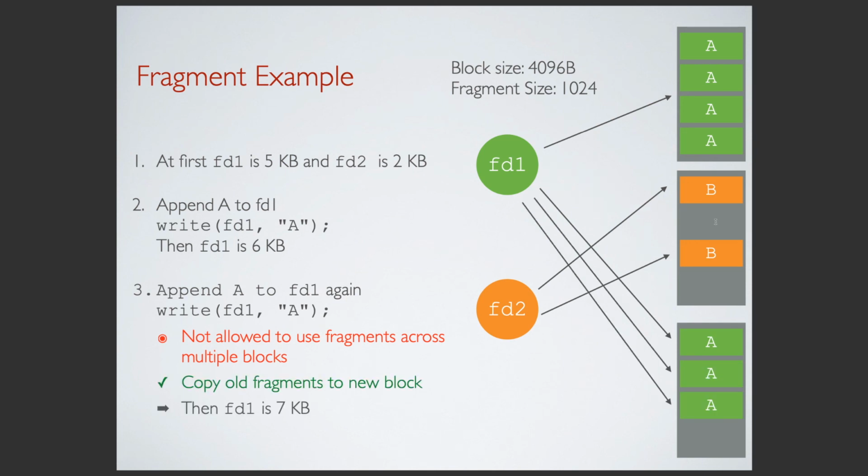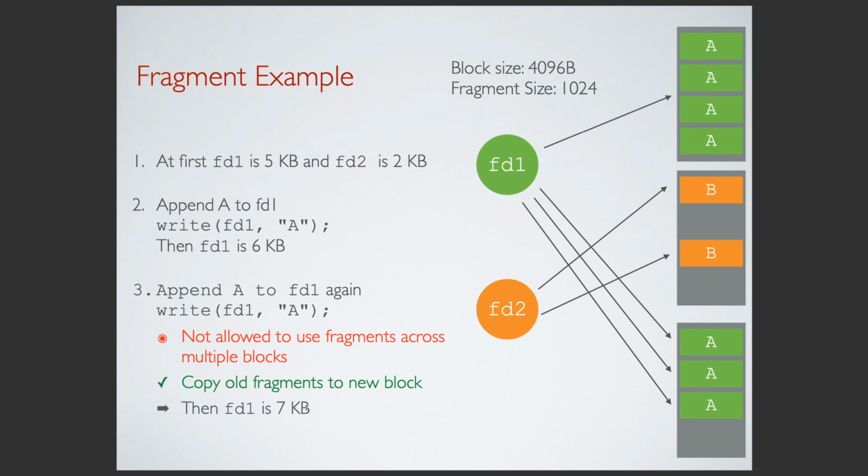Well, we copy the old fragments to the new block, and we allocate this entire block here, because here we have a critical size of 3, and it's going to say, okay, fine, now we are going to allocate this block, and now FD1 is going to be 7 kilobytes. So that's the idea here. You're going to use fragments, but at some point you're going to reach some kind of condition.